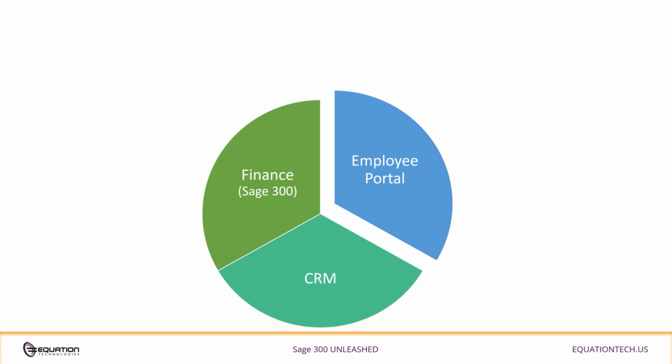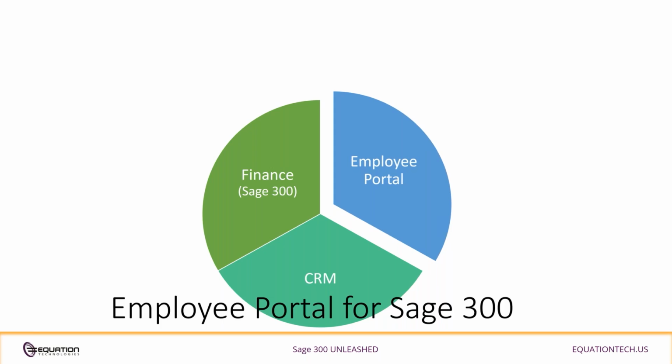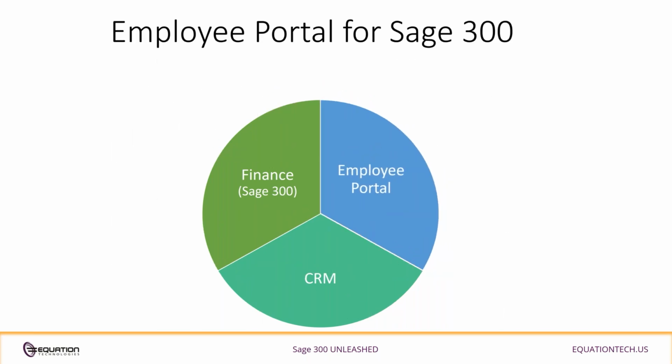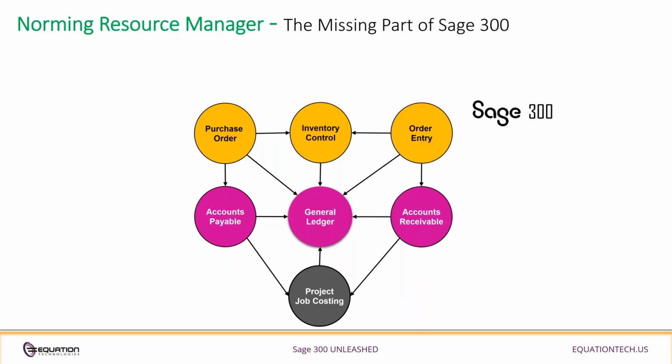And what we're focusing on today, creating purchase requests either through accounts payable or purchase orders so that you can create and manage all of the purchase transactions going through the organization. What we've done is we've tightly integrated that to create what we think is the missing link within Sage 300. So here's a schematic view of all the core modules within Sage 300. And Norming Resource Manager fills in that missing part of Sage 300, providing an employee portal.